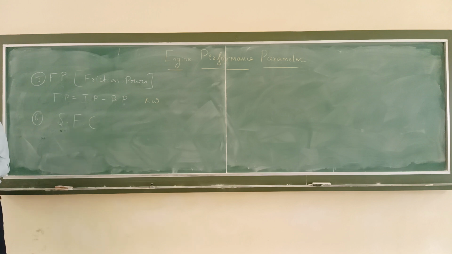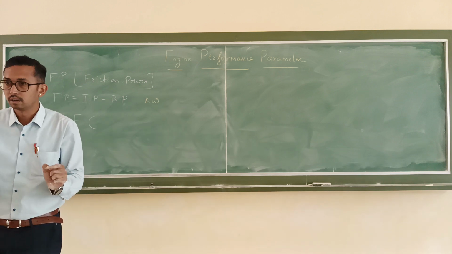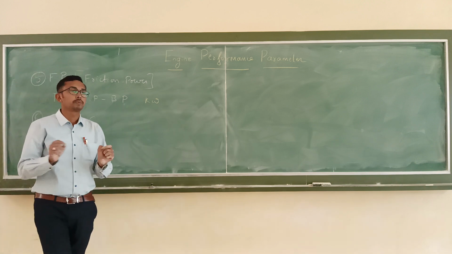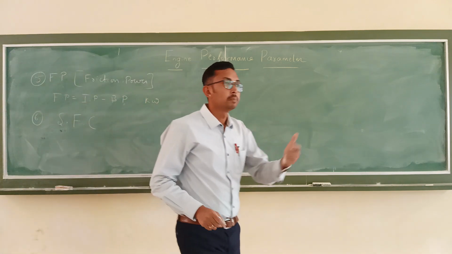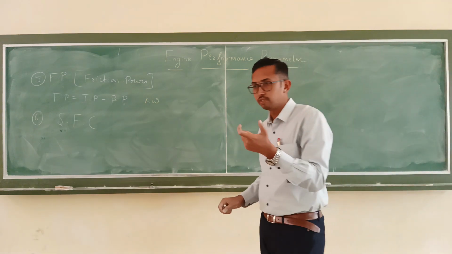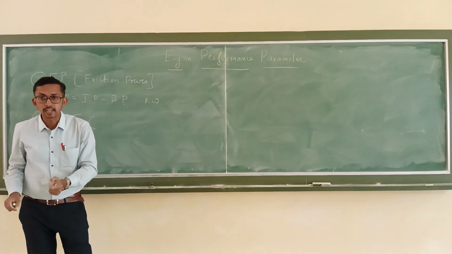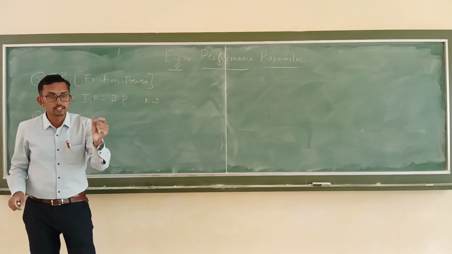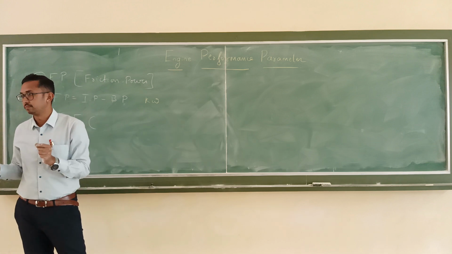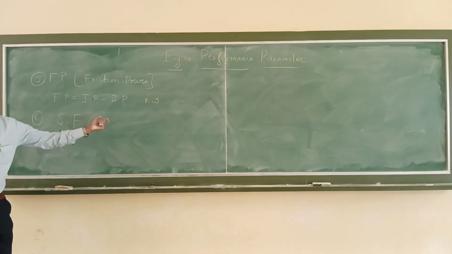Repeat once again: the amount of fuel consumed per hour per unit of power. I will explain once again. It is defined as amount of fuel consumed per hour per unit power. So that is called specific fuel consumption.